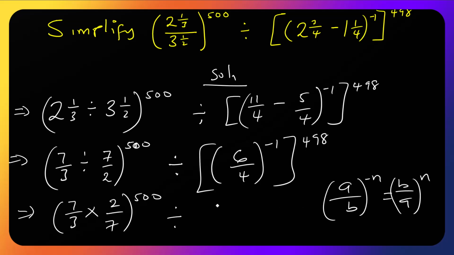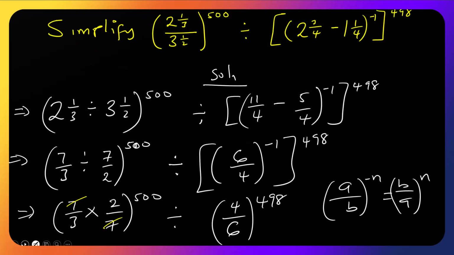So we can say 6 on 4 is the same as 4 on 6. Meanwhile, 4 on 6 is the same as 2 on 3. Okay. So we have 2 on 3 here. And we can also say this one will cancel this. So we have 2 on 3 to the power 500.